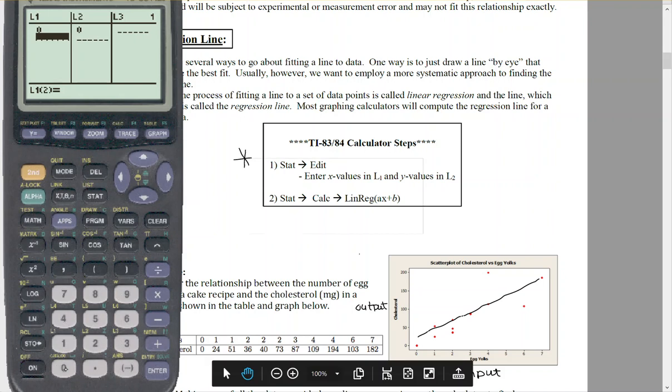Okay, so I've got 0, 1. I'm just going to type all my X's in here. 1, 2, 2, 3, 2, 3, 2 4s, 6 and a 7. Right, now I'm going to scoot over and scroll up.